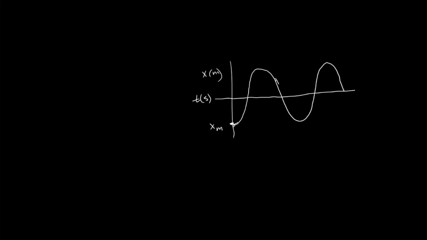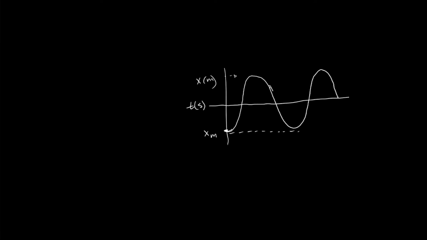And it turns out the amplitude of that oscillation is the amount that we pulled it down by. It never goes farther away from that equilibrium position than that. So this is x equals 0.